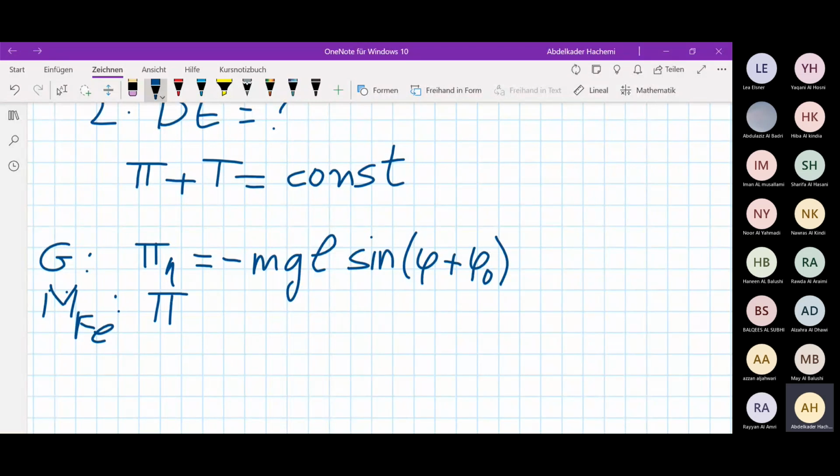This is the potential 2, and we can define it from here, the integral from 0 to phi plus phi 0 of d. Will I make it more clear to make no confusion?